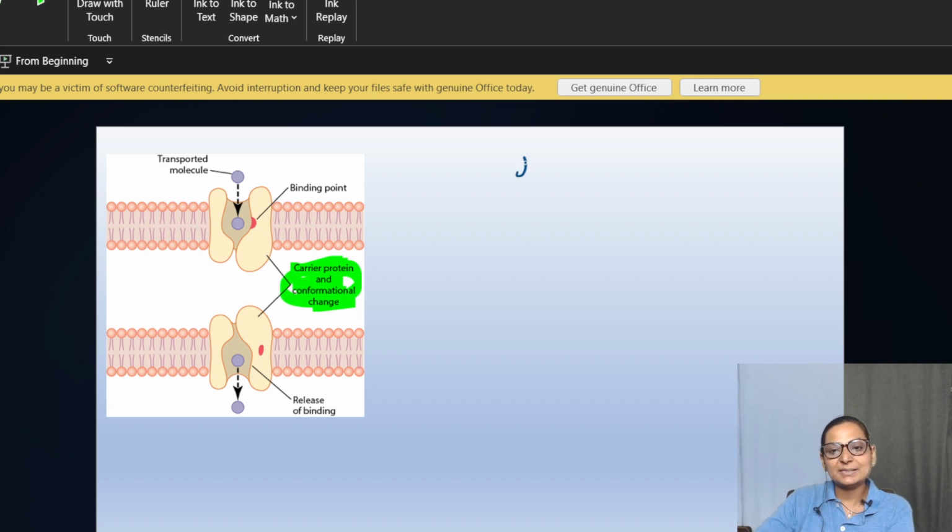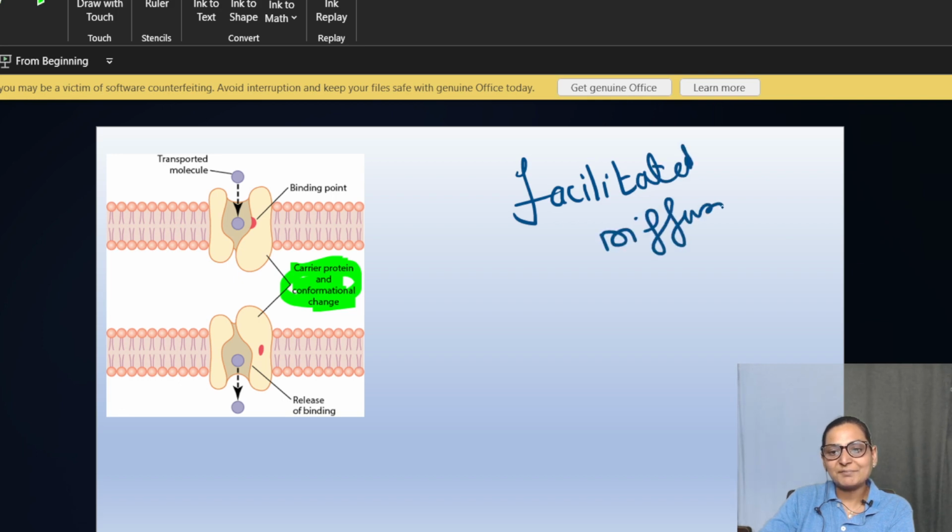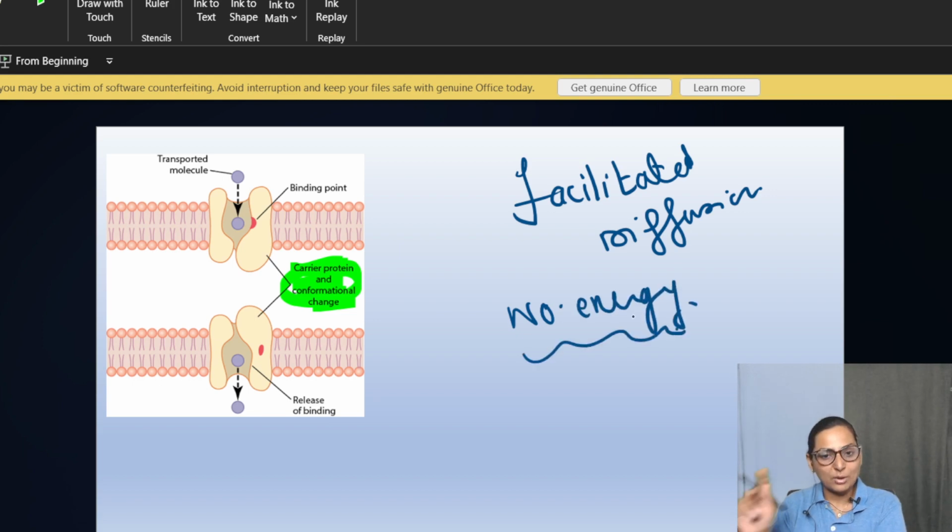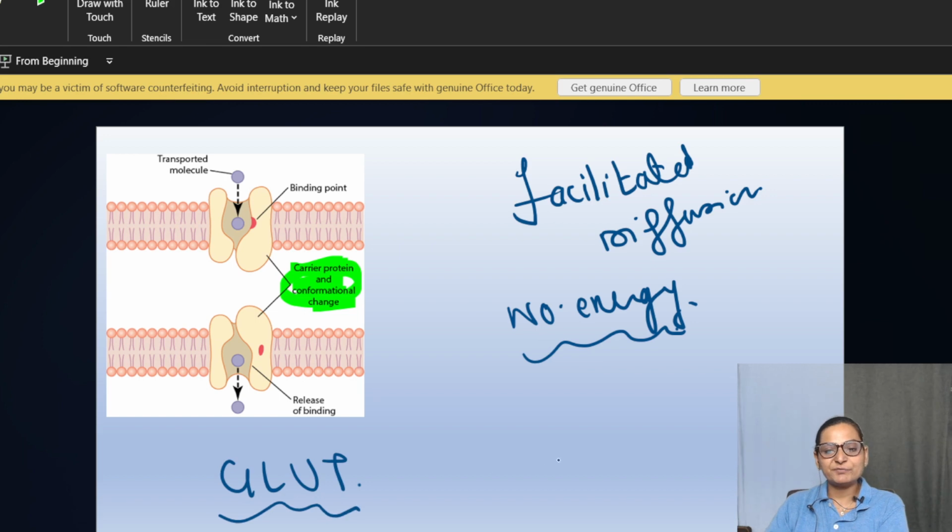So definitely this becomes our facilitated diffusion, right? Though there is a carrier protein, there is no usage of energy. This is differentiating facilitated diffusion from the SGLT, that is the secondary active transport mechanism. So remember, GLUT is facilitated diffusion, but SGLT is a secondary active transport mechanism.